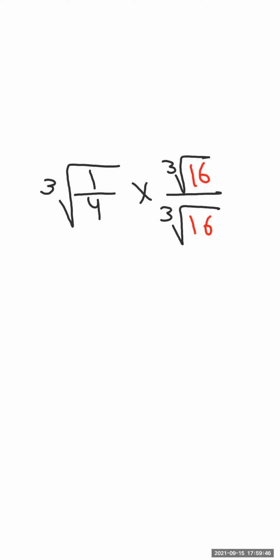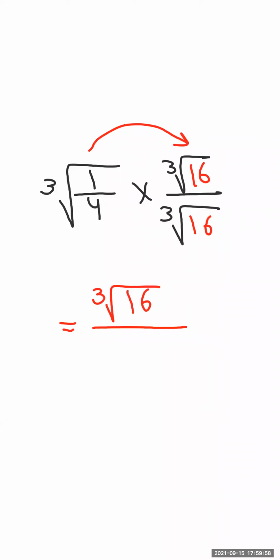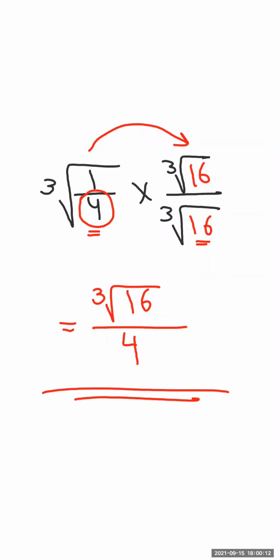So now the numerator will become cubic root of 1 times cubic root of 16, which means cubic root of 16 over, here, cubic root of 4 times the cubic root of 16, equals cubic root of 64. Cubic root of 64, guys, means it will equal 4. Now this point is clear, guys? Yes, clear. Okay, let's continue.